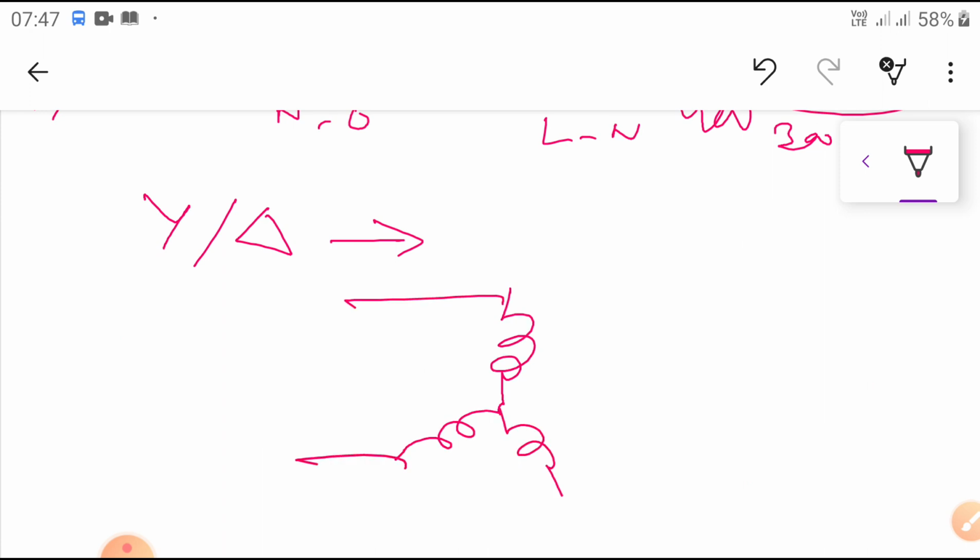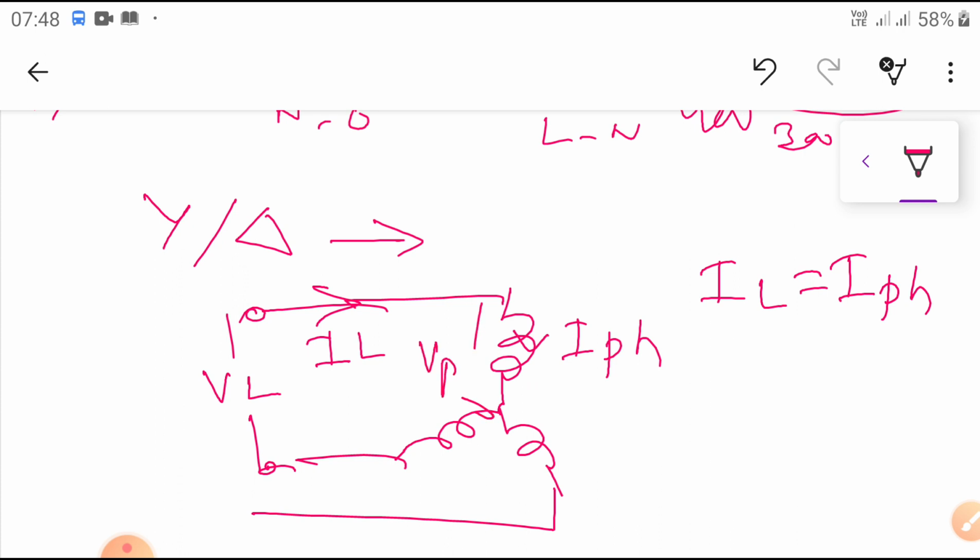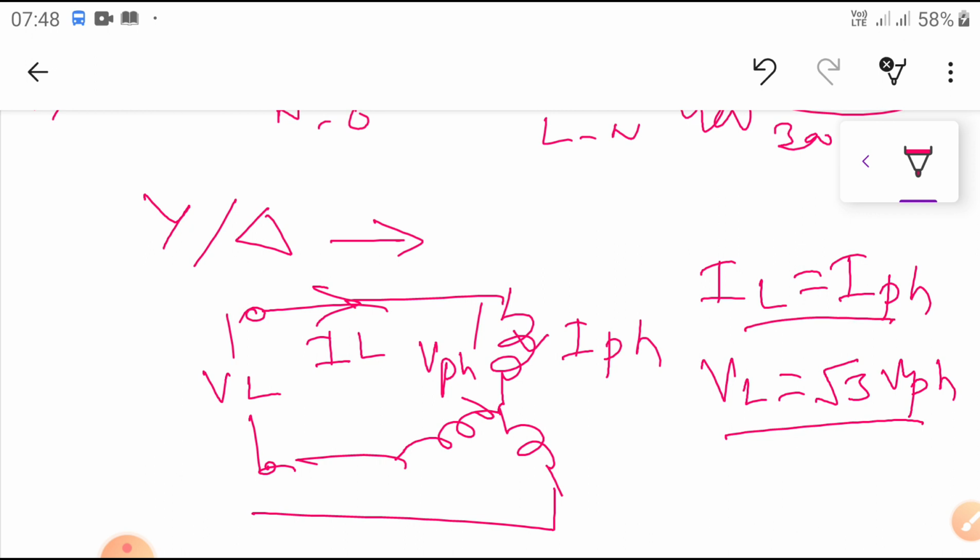We know that in star connection, the line current IL is equal to the phase current I phase, and the voltage connected here is the line voltage VL. But the phase voltage V phase is such that VL is equal to √3 times V phase. That means voltage is reduced but current is the same in star connection.